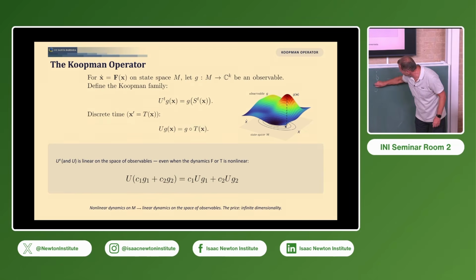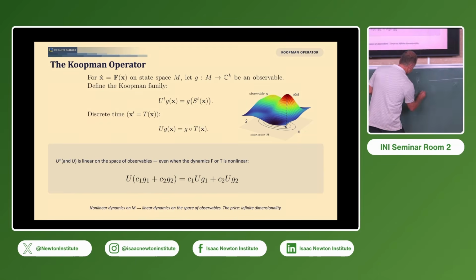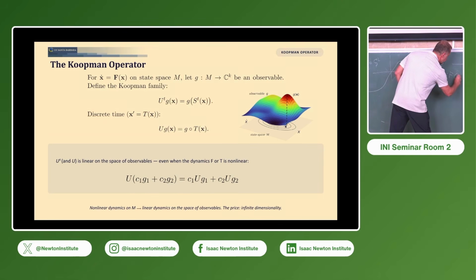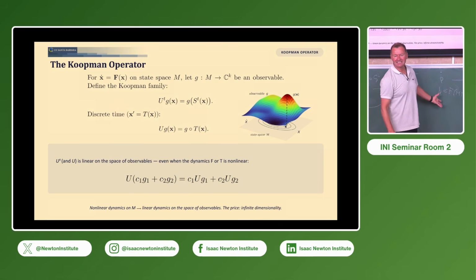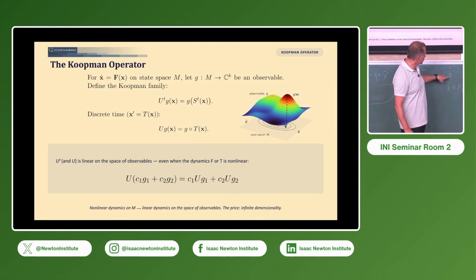Phi itself is a function, is an element of the function space on M, right? But it's an eigenfunction. It doesn't have time dependence in that sense, but it has time dependence in the sense that it changes along the trajectories of the underlying field. But it's an eigenfunction of an operator parameterized by t. Right. Oh, I see what you're saying.